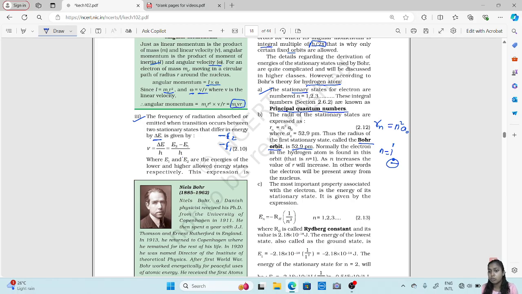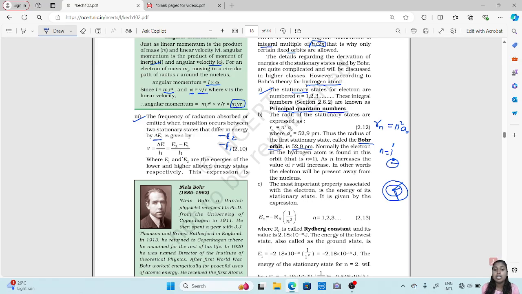As the number increases, there will be more orbits, because all the electrons can't fit in one small orbit. As the number of the orbit increases, they go further away from the nucleus, so the radius will also increase. The radius of each orbit will be different.